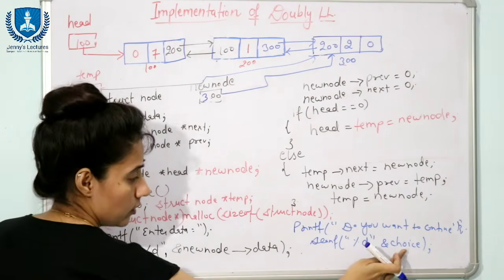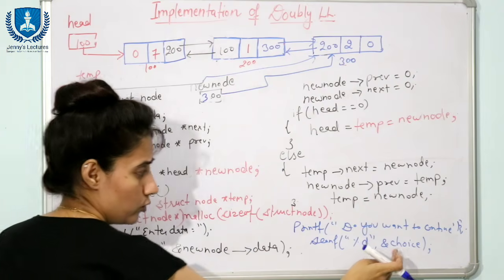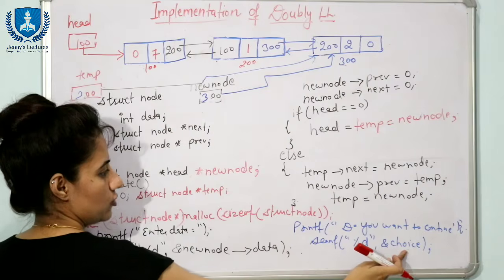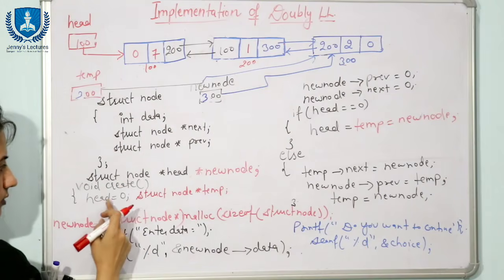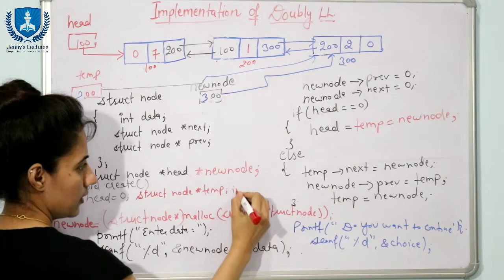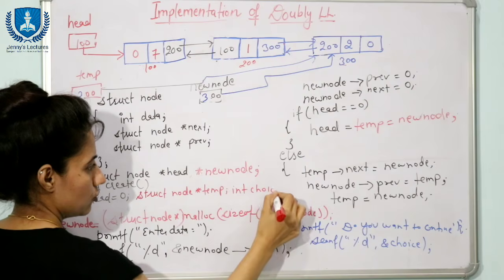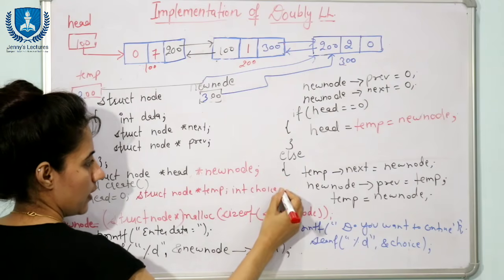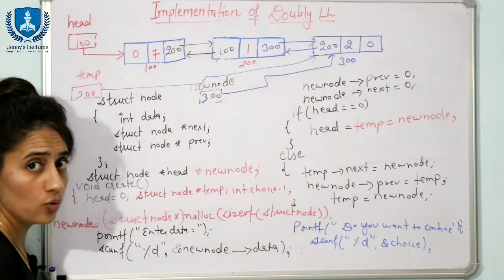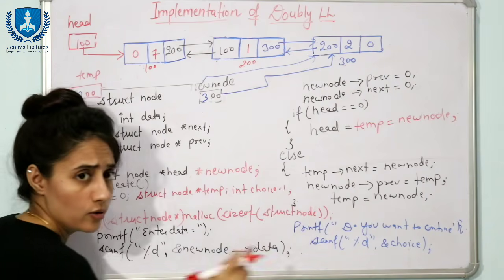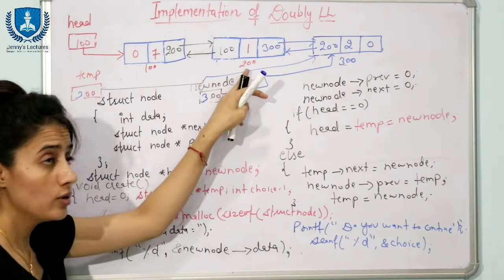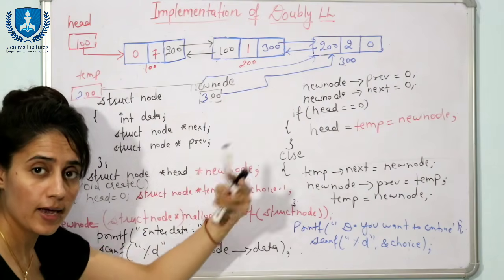So now for taking the input from the user, you are going to declare another variable, that is choice. So we can declare this choice variable within this function somewhere here. Suppose I am taking here int choice, right? And in the starting I am taking choice is equal to 1. So when the user enters 1, the choice is 1, it means a new node should be created again and again.